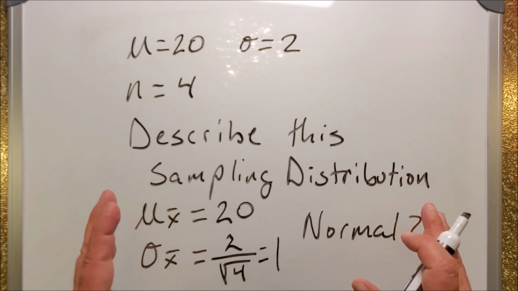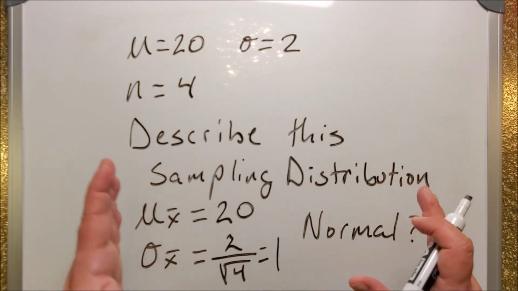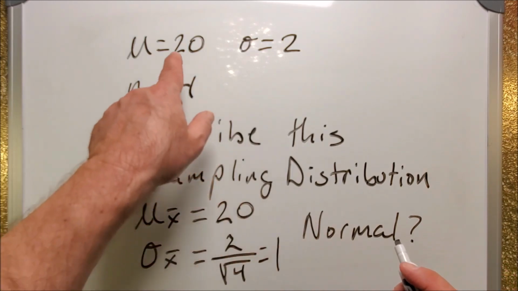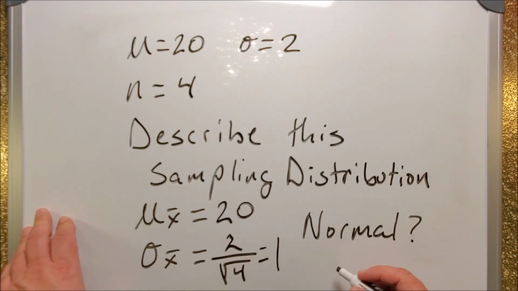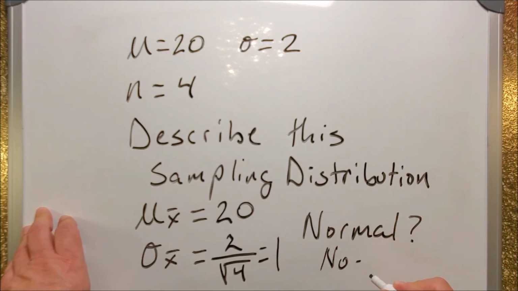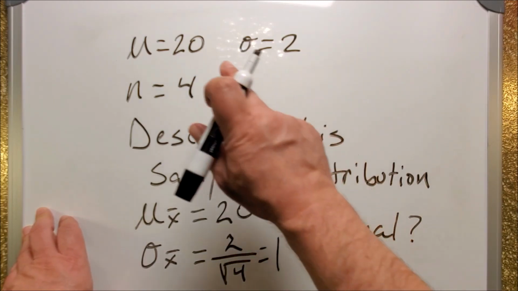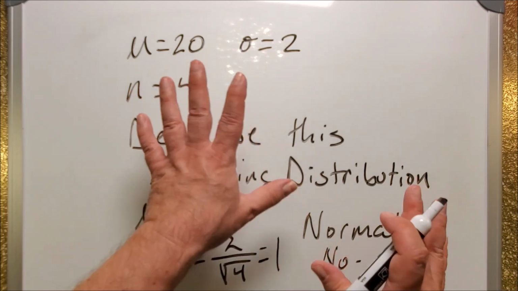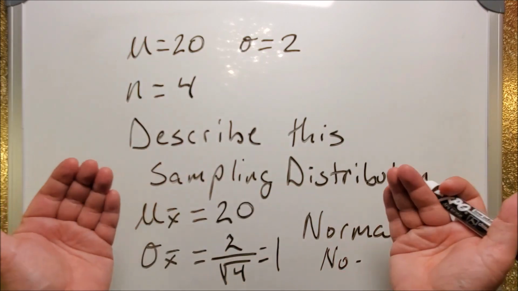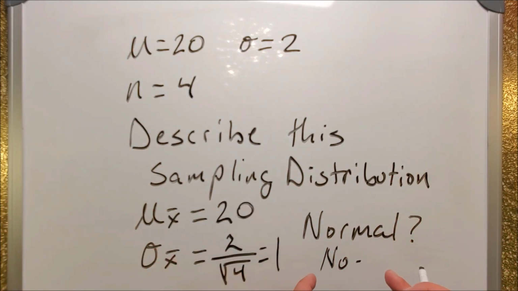So the way we're going to talk about normality in the case of this population and this sample size is to say we cannot guarantee it to be normal if we don't have any knowledge of the population distribution shape. If you know that the population is normally distributed, then we can turn around and say, okay, yes, it would be. But until we have that knowledge, we have to say no, it can't be guaranteed to be normal.